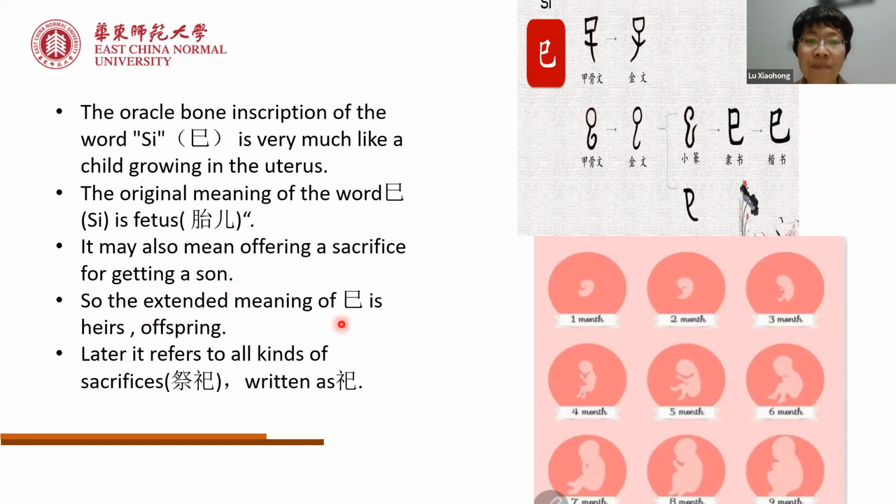So the extended meaning of Si is heirs or offspring. The original meaning is fetus, and now it can be extended to mean heirs, offspring. Later, we use this word to refer to all kinds of sacrifices. That's 祭祀, also written as Si. On the left side, we use this component to indicate sacrifice.